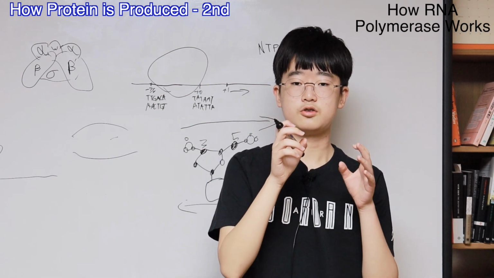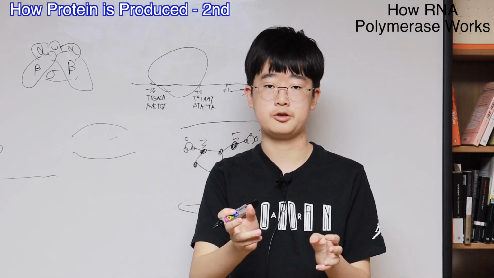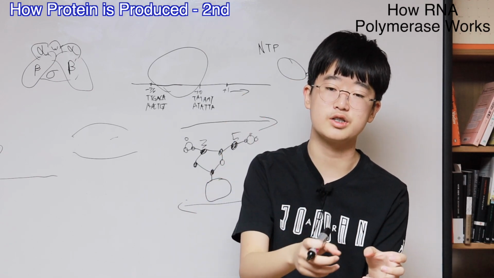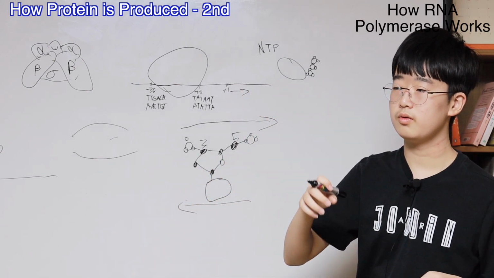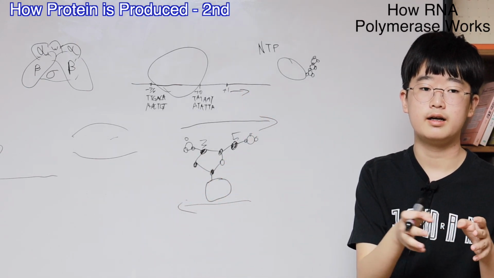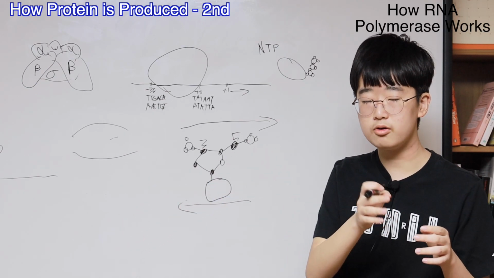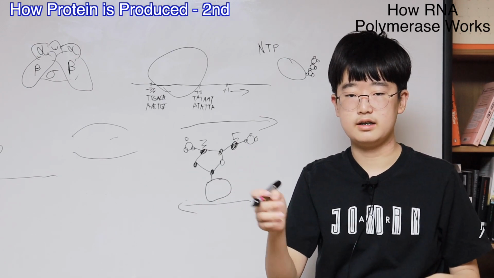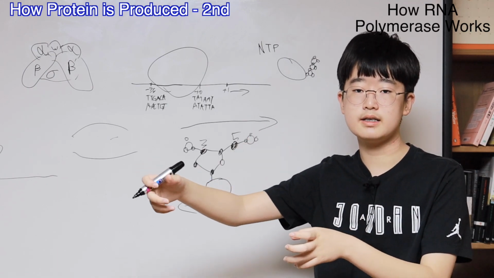And the phosphates don't like each other. They don't want to stick next to each other, but they're stuck next to each other, so they try their best to get out of that situation. So when an ATP releases energy, how it releases energy is it kind of touches something that needs energy with the phosphate end.